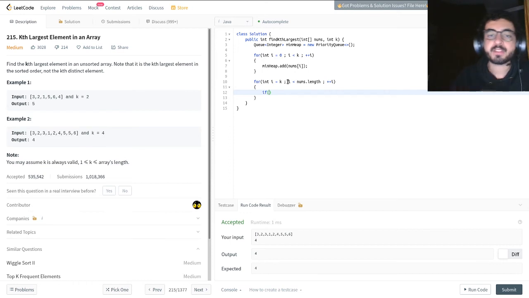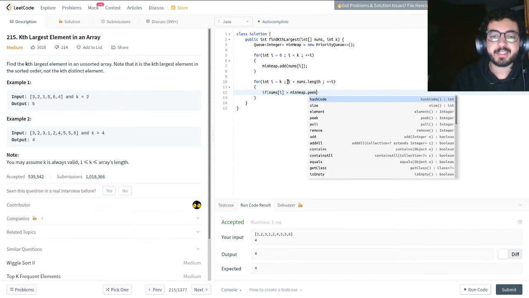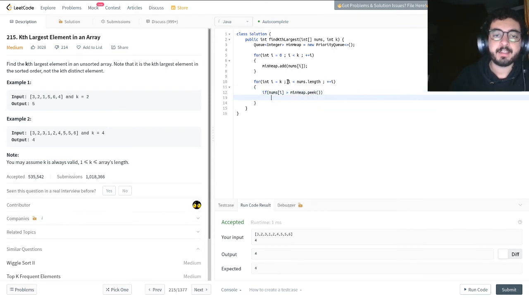If so, just remove our minimum from the minimum heap and put the number that we are on, for the reason that I have just discussed with you. So minHeap.peek. Okay, if so, just do a minHeap.remove and a minHeap.add(nums[i]).